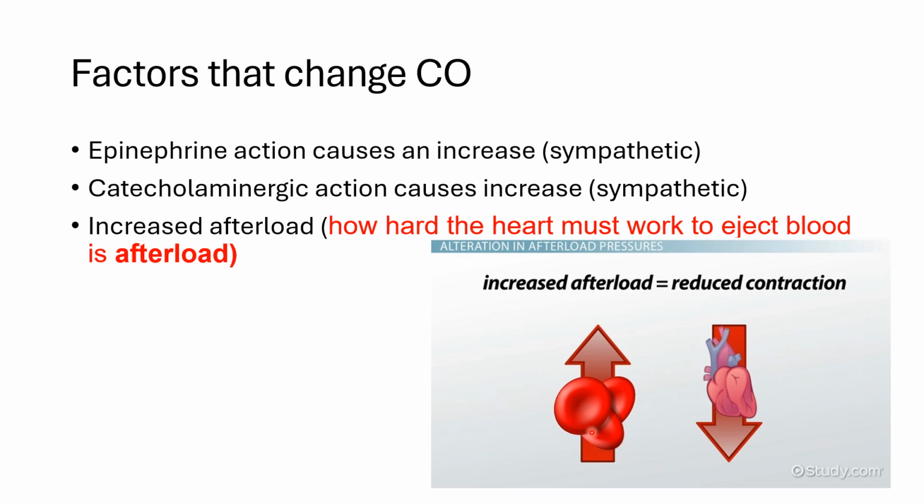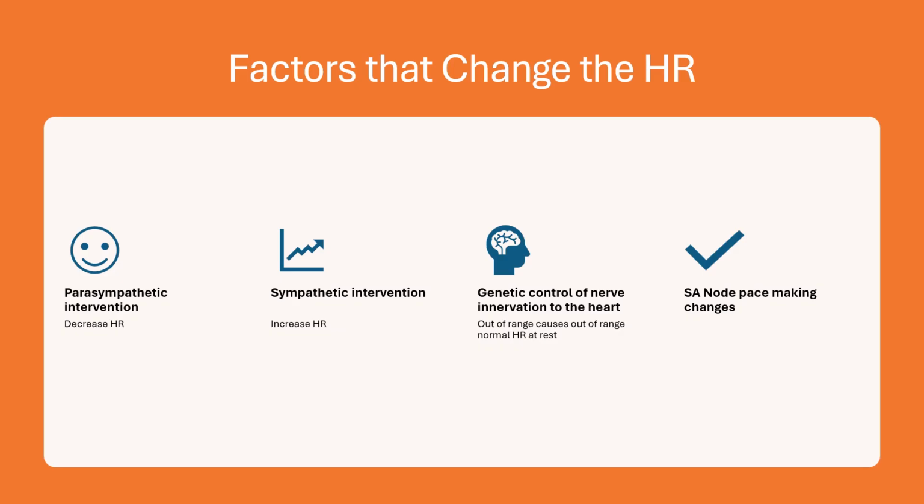So it's kind of an energy exchange issue. Okay, if there is an increased afterload or an increased requirement for energy to eject the blood for whatever reason, exercise, etc., there's going to be a reduced contraction to compensate for that energy loss.